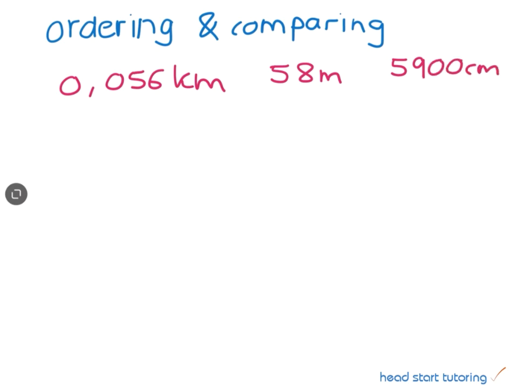If we have got these three measurements, it is best for us to convert them all into meters because that is our middle measurement, rather than us trying to guess which of these are bigger or smaller.